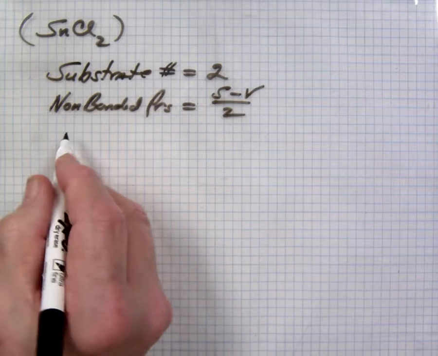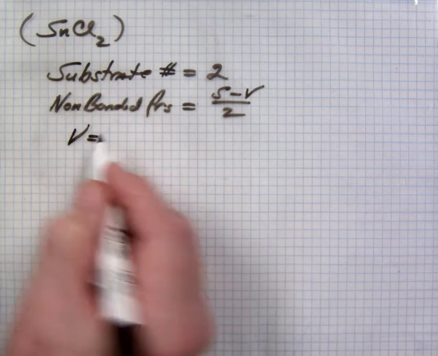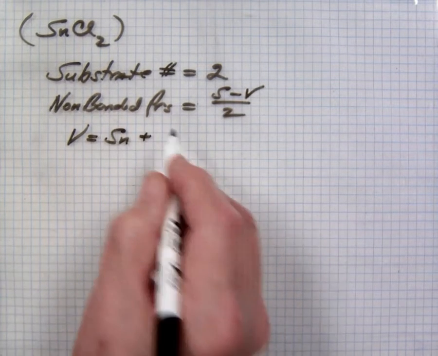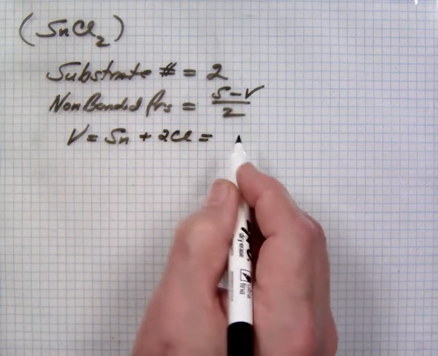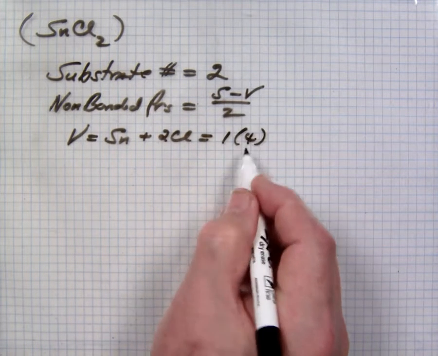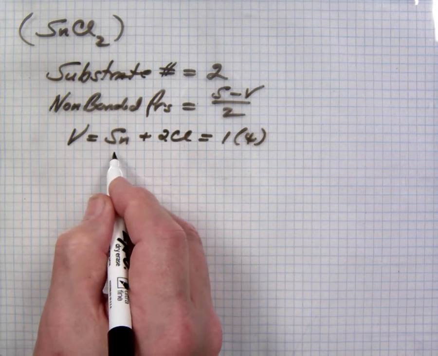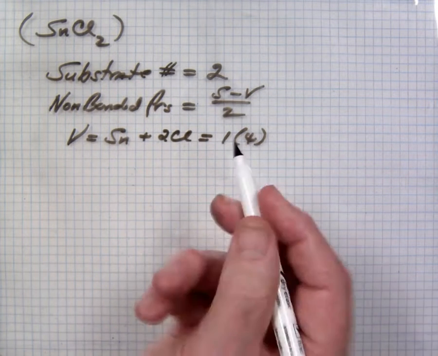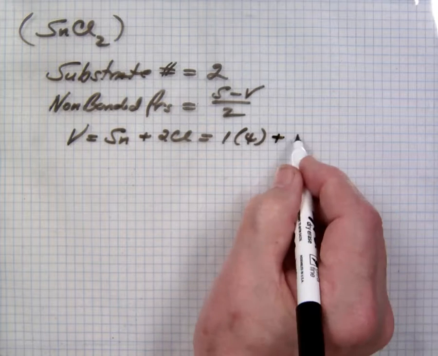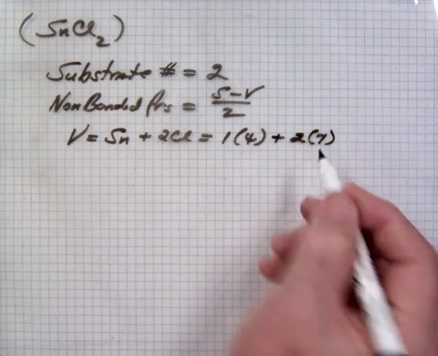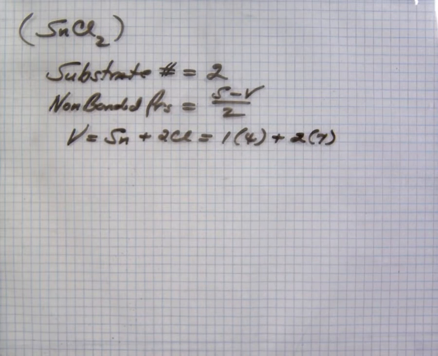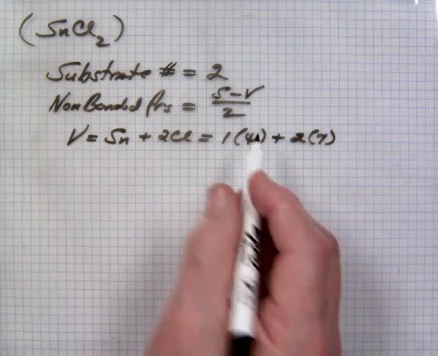So to get the valence number, that's Sn plus 2 chlorides, and that's 1 times 4. That's the valence of Sn. I just showed you that on the periodic chart. Everybody okay? That's just the number under group 4. Nothing complicated. Okay, and then the halogens are valence 7. 2 of them, 7 times 2 is 14, plus 4 is 18.